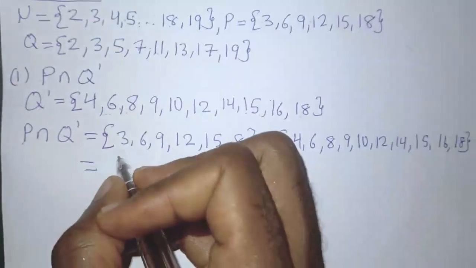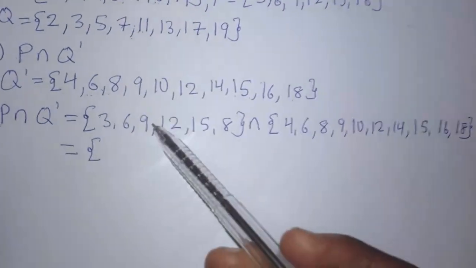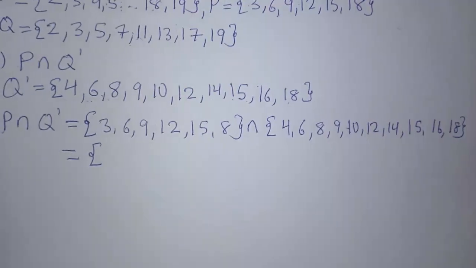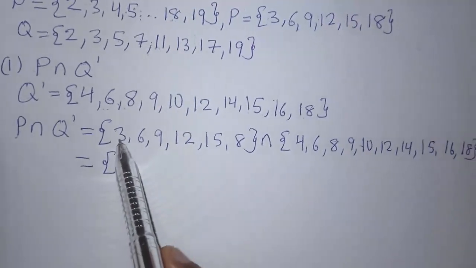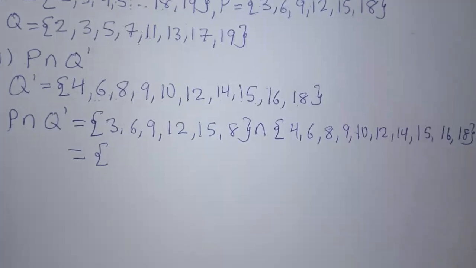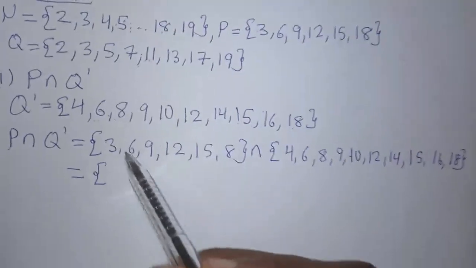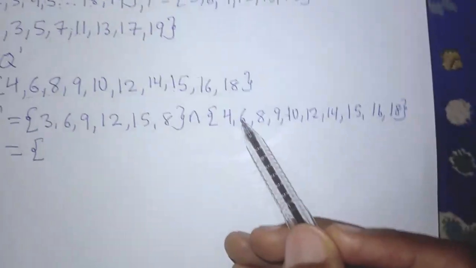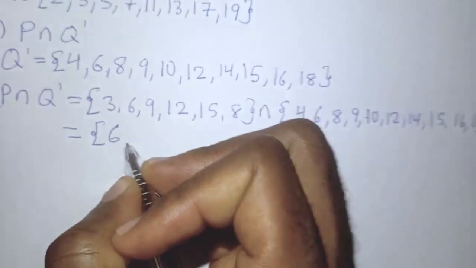So for P intersection Q prime, we have to watch out for the elements that are in both. All you have to do is focus on the first element, check an element here and see if it is here. That's all you have to do. 3 is here. Is 3 here? The answer is no. So it is not a common element. 6 is here. Is it here? The answer is yes. So the first intersection is 6.